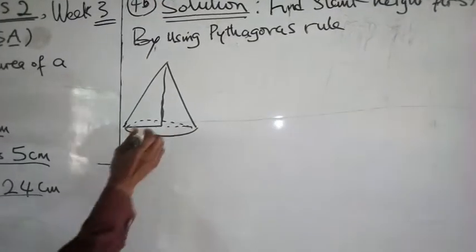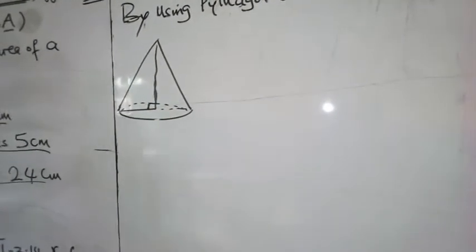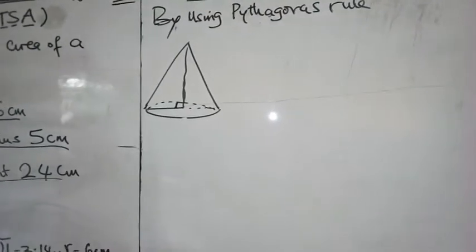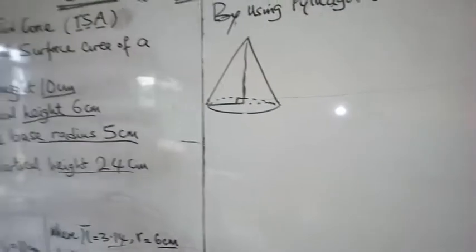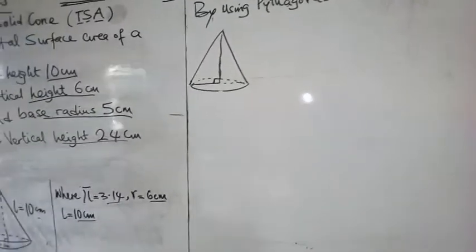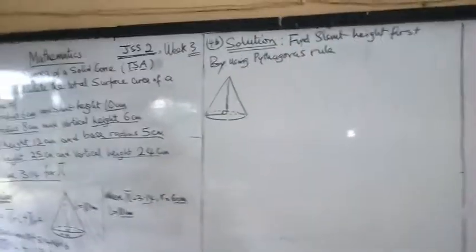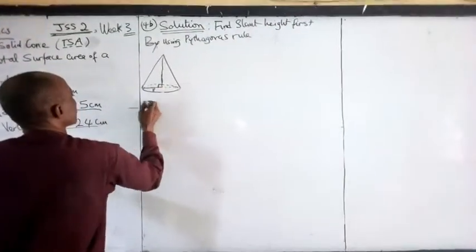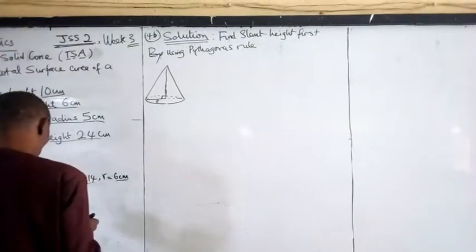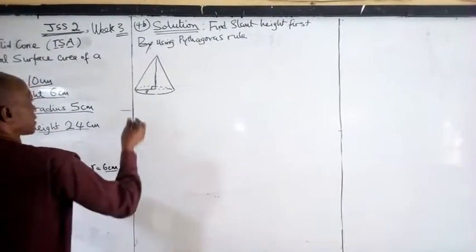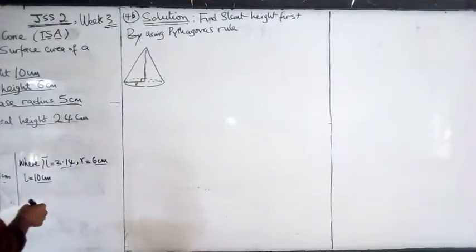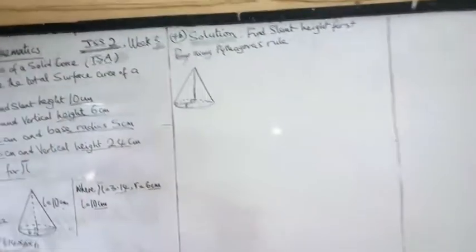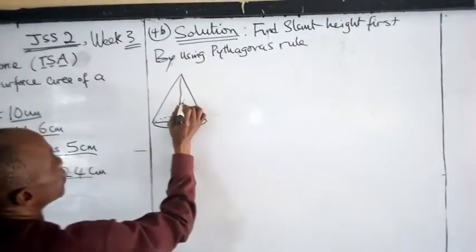And in this case, you are given from the question, the base radius is 8 cm. Look at it, the base radius is 8 cm. So if the base radius is given to be 8 cm, and then the vertical height is 6. Base radius 8, vertical height 6, which is here.